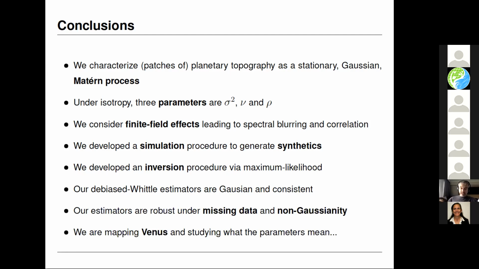My example here was Venus, and we are mapping that. We are trying to study that. But of course, the solar system is large, and we have many, many different fields of interest in planetary geology and geophysics that we want to apply these methods to. So I should stop here and be open to questions.